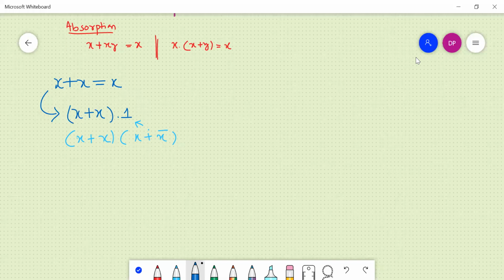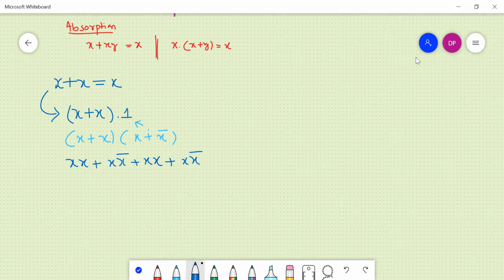A plus a into a plus a complement. So if you write like this, what will you get? x into x, or with x complement, plus this, isn't it? Yes sir, this is the same thing.